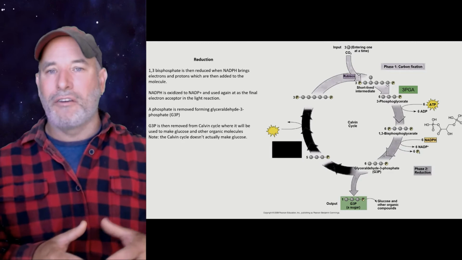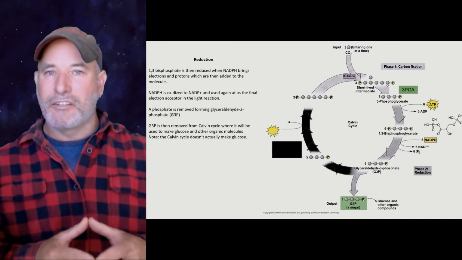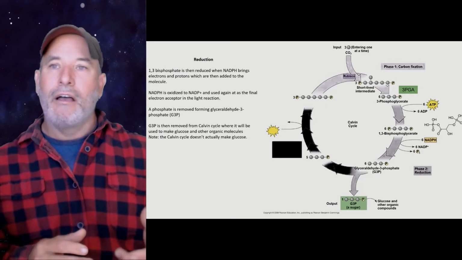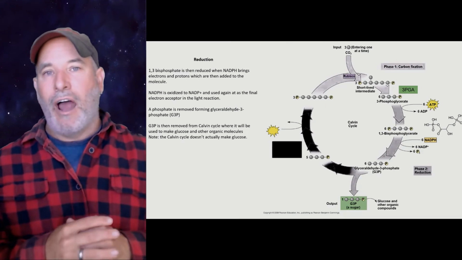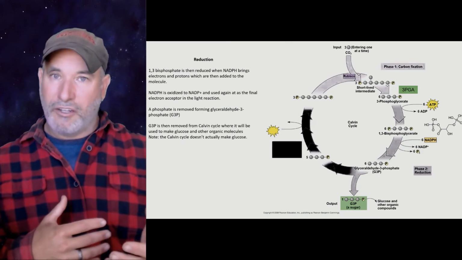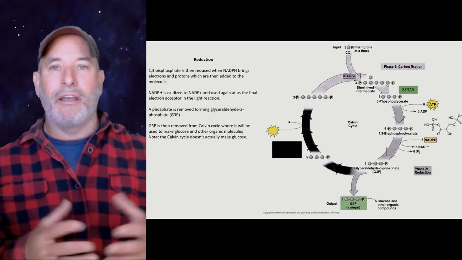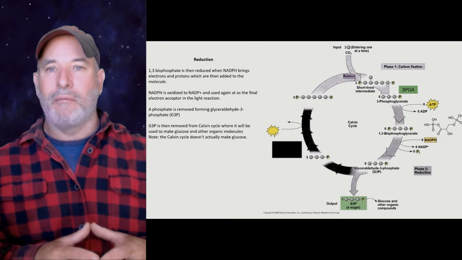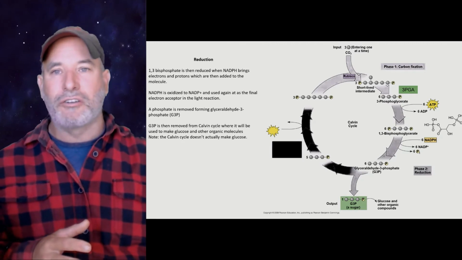Now at this point, one of those G3Ps, the glyceraldehyde 3-phosphate, that tells you it's on carbon number 3, is going to come out of the Calvin cycle, and then the plant cell will use that to make glucose, all right? That's why 3 carbons come in at a time. Now the next step is what's called regeneration.